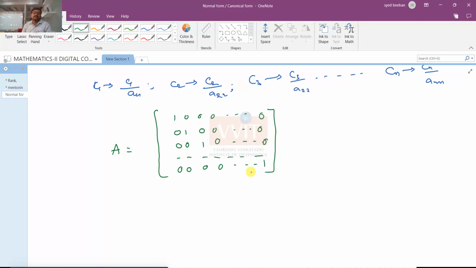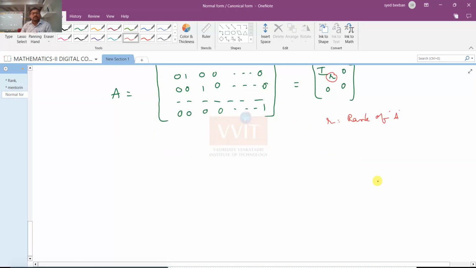So this one is further represented as Ir 0 0 0. This r indicates a rank. r is the rank of A.